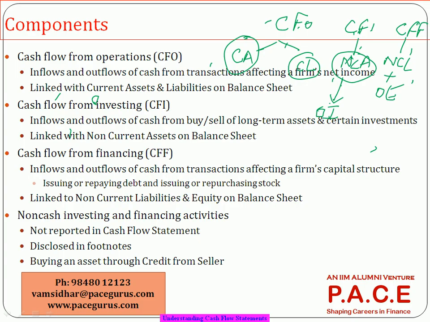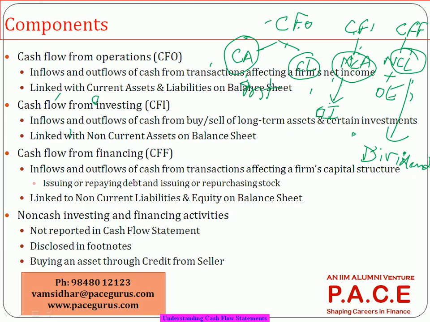The same way here, whatever corresponds to non-current liabilities, probably dividends. When you have raised equity capital, you have to pay a dividend. And probably interest payment also, but as per GAAP you don't need to bother about it. Interest payment actually comes under operations as per GAAP.